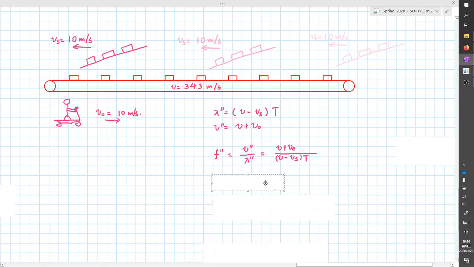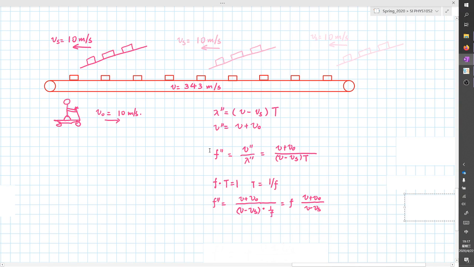And what's that t there? It has its twin brother represented in f, because f times t equals 1; this is how we define frequency. So we can replace t with 1 over f. We make the substitution into f prime: f prime equals v plus v observer over v minus v source, times 1 over f, and we flip it onto the numerator, taking the 1 over thing off.